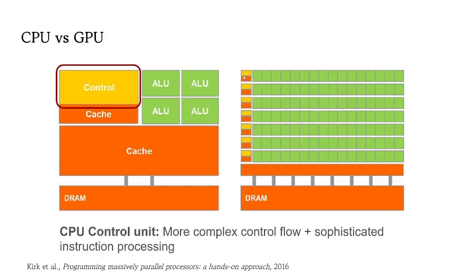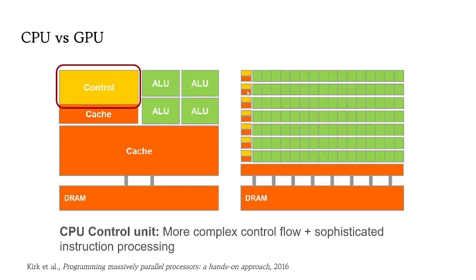Whereas for the GPU, I have a lot of smaller control units, and these were designed with the idea that they have to manage threads which have a very simple sequence of instructions. And because they don't focus so much on minimizing latency, they didn't have to care so much about branch prediction or out of order execution.